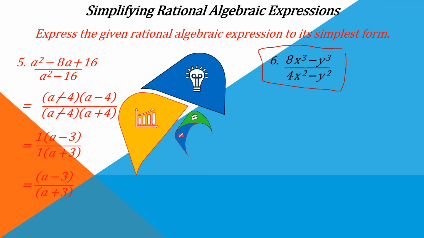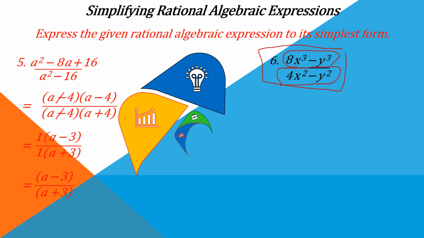So if we factor the denominator ahead, it will become 2x minus y multiplied by 2x plus y, because this is a difference of perfect squares. So we should also factor our numerator based on the factors of the denominator so that they have a common factor.